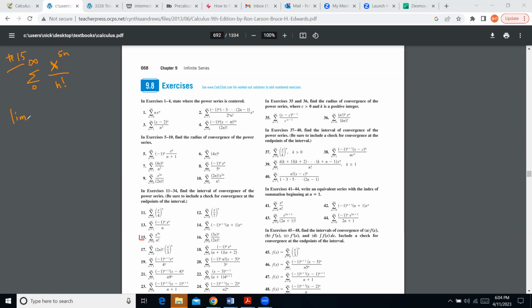The test that I'm going to use will be a so-called ratio test, definitely not a root test, because factorial and the nth root are not really very friendly with each other. So we're going to deal with the n plus first term divided by the nth term.